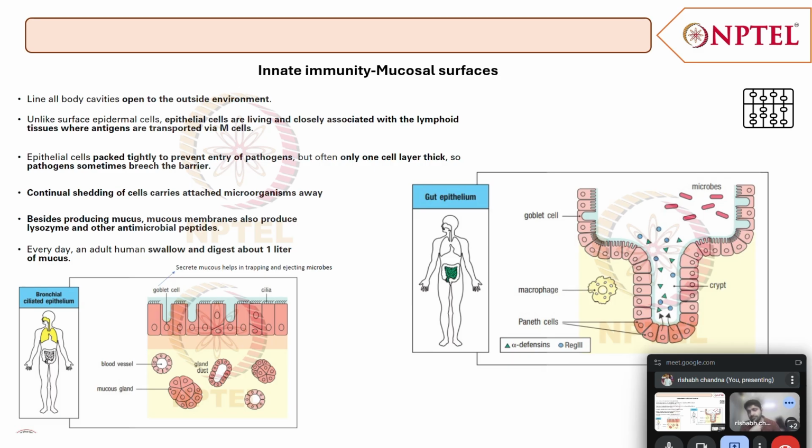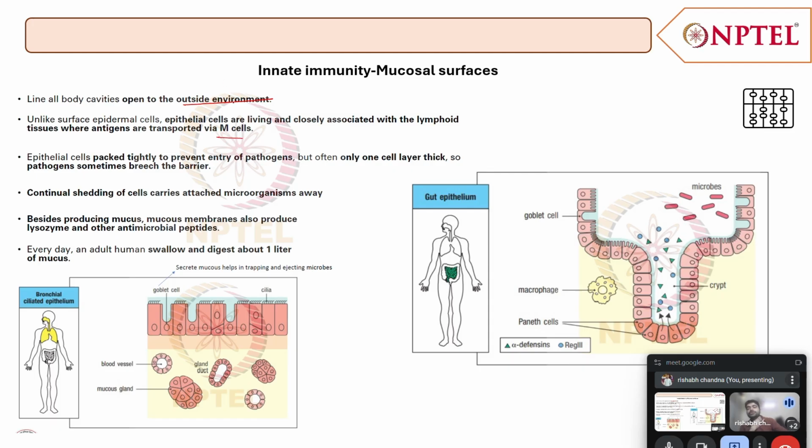So the body cavities that are open to the outside environment are the main thing. Unlike the surface epidermal cells, epithelial cells are living and closely associated with the lymphoid tissues where antigens are transported via M cells.